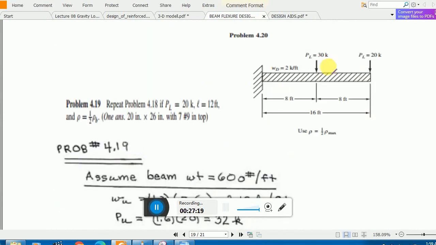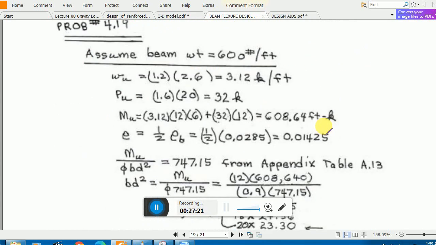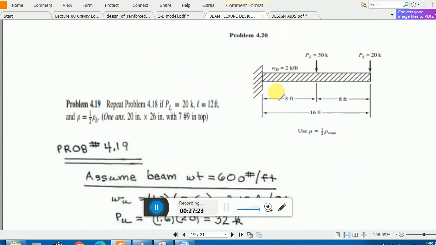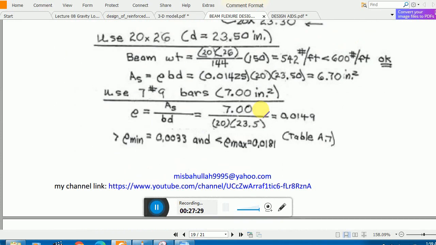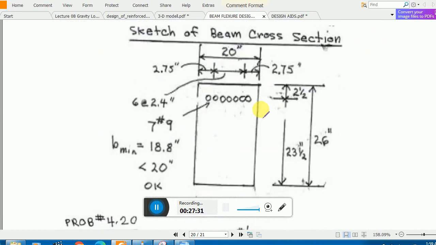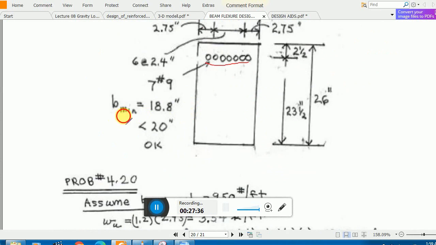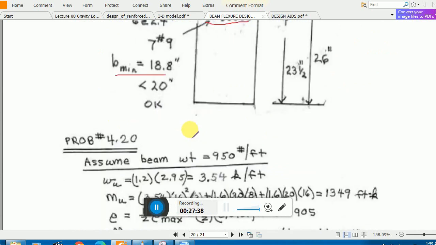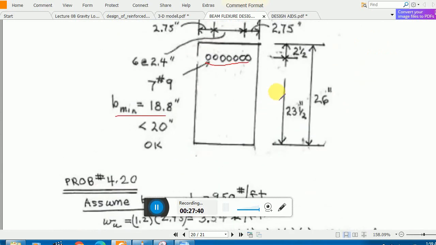Clear? The rest of the question is the same. This is, you can say, a home assignment for you people. Because live load is given, only the moment equation will be different. The rest of the things are the same, and again they are placing the same bars in one layer. So here they show you. And this is 420.